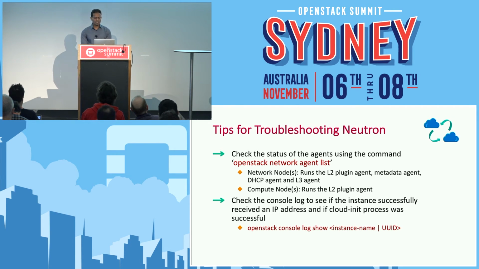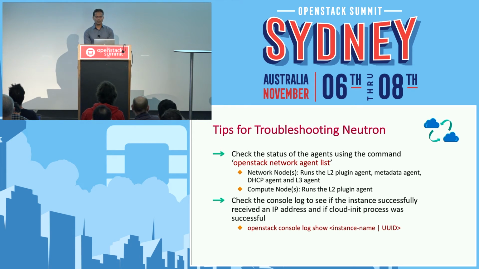Then if you have issues with VMs booting up, or SSHing into a VM after it has booted up because cloud-init failed for some reason, you can check the openstack console log show of the instance.